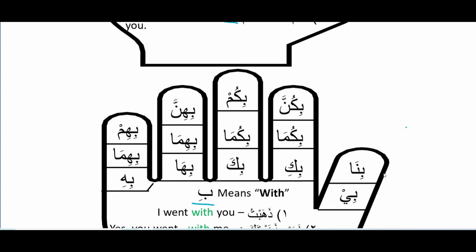The harf ba can also be connected to all the dhamir muttasil, all 14 dhamirs: bi, bina, biki, bikuma, bikunna. That means with me, with us. In terms of Arabic conversation, if you hear an Arab say to you, hayya, hayya means come.